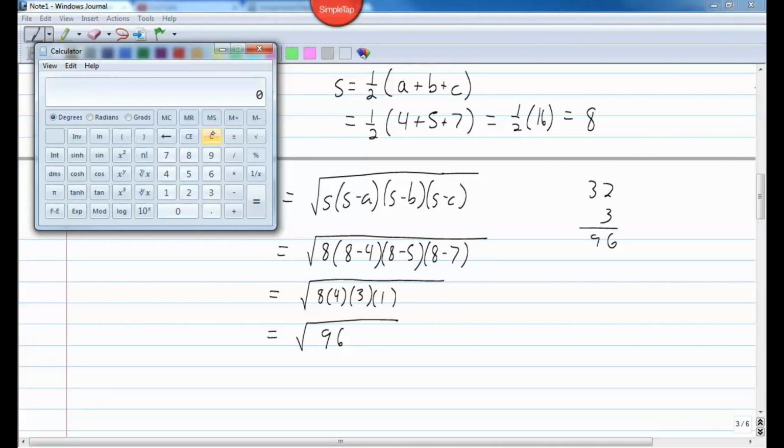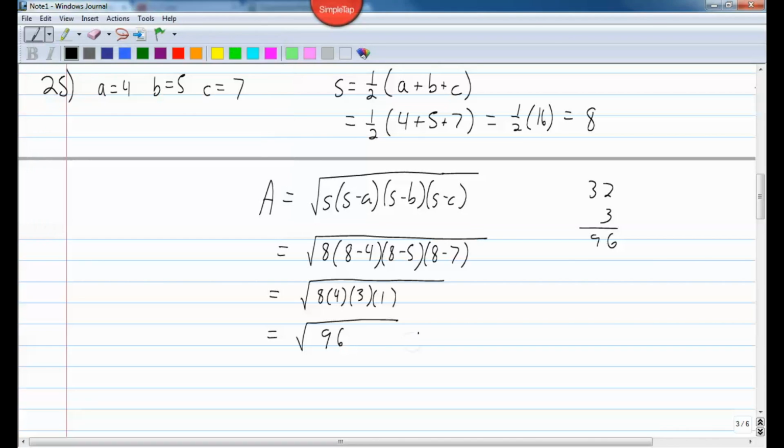So you can go to your calculator, 96 square root. If I was to round to 2 places, this 9 rounds up to a 10, so that makes this a 0, and this goes up to an 8. So it's 9.80 approximately. 9.80 square units.